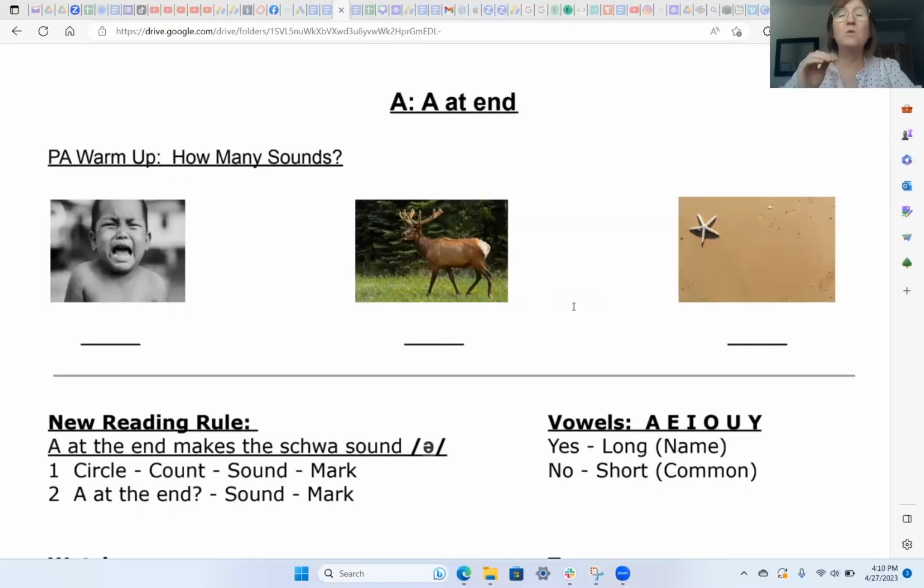S, a, n, d. 4 mouth shapes, 4 sounds. That's a really good way to determine where one sound ends and where the next begins. It's by how your mouth is changing from one sound to the next.